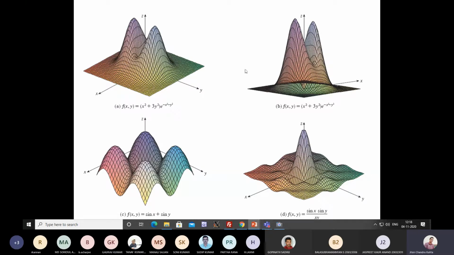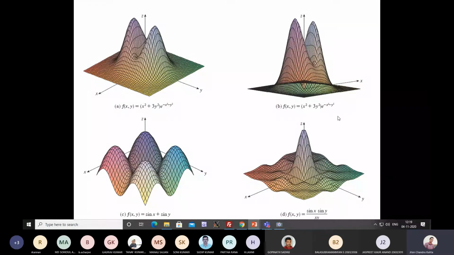For example, some of the graphs of functions represented by surfaces. Here you can see this is nothing but (x squared plus 3y squared) times e to the power (x squared minus y squared). You should always remember that whenever you have a term like e to the power of x squared plus y squared involved, you should expect a bell-shaped surface.